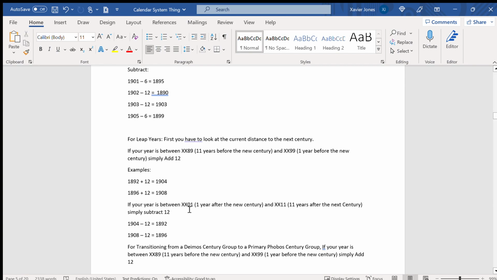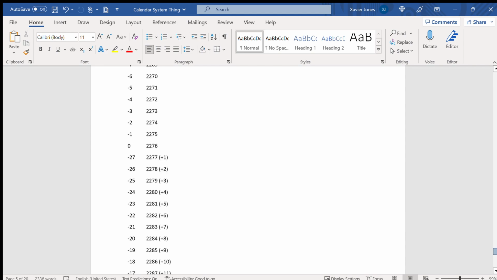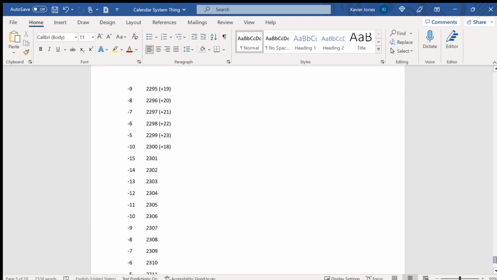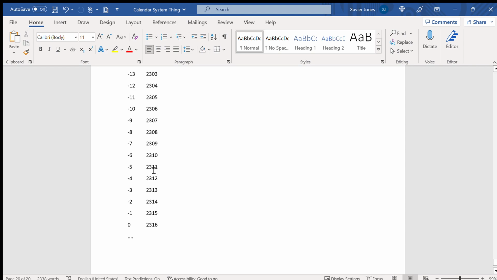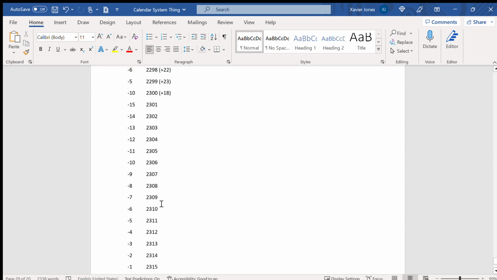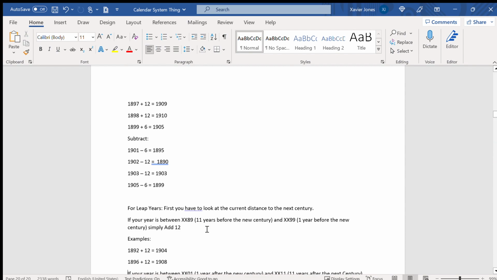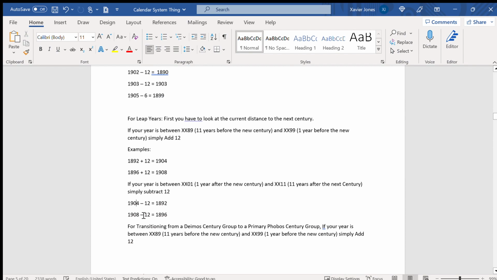If your year is between XX01, 1 year after the new century, and XX11, 11 years after the new century, simply subtract 12. 2311 to 2299. Yeah. Oh, no. It wouldn't be that.